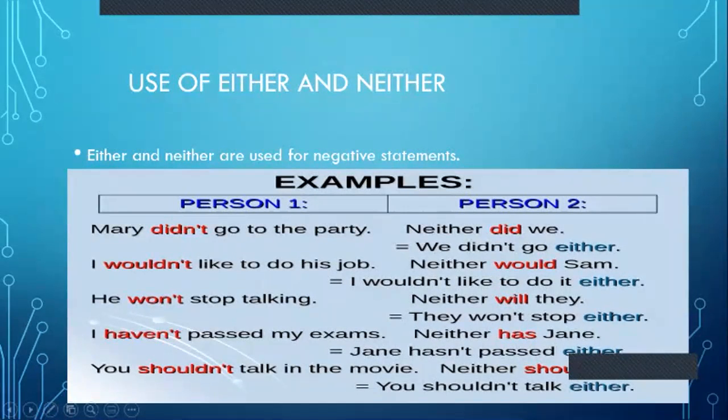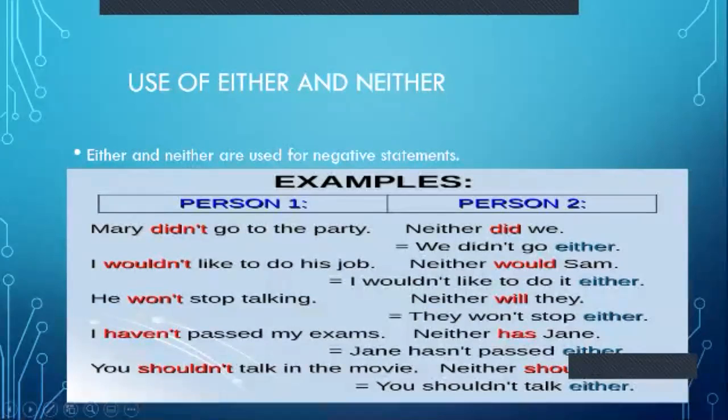So when we use neither and either in these sentences, how will we use them? Look at the first sentence first. Mary didn't go to the party. And you have to consider here the second person, what the second person says about it. First of all, we would like to see with the word "either."